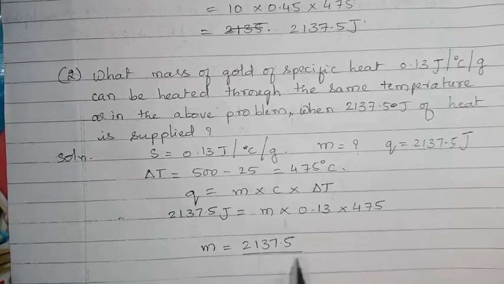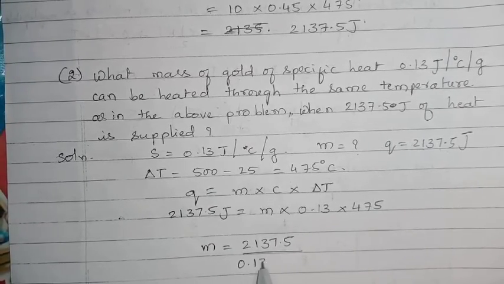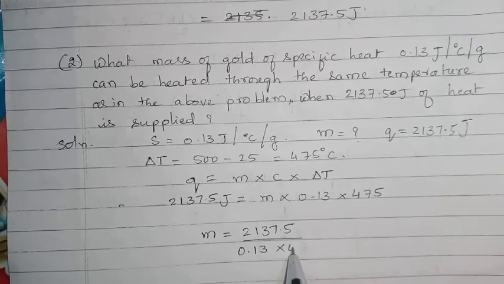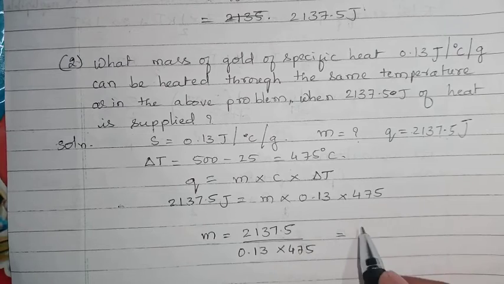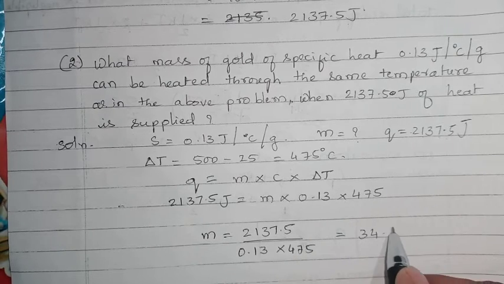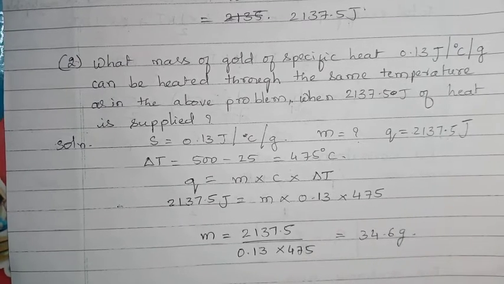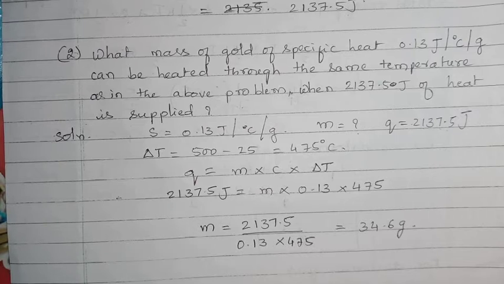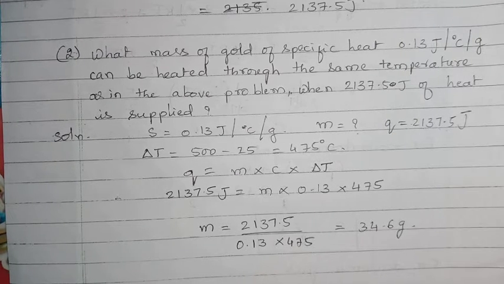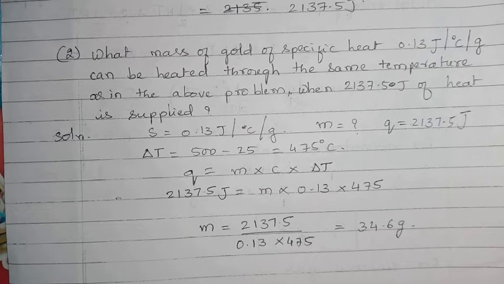So M equals 2137.5 joules divided by 0.13 into 475. On solving, we get 34.6 gram. As I told you, here the mass is not equal to 10 gram. The mass is more than iron because the specific heat of gold is very less compared to the specific heat of iron.